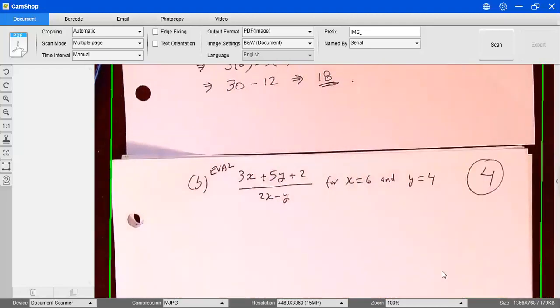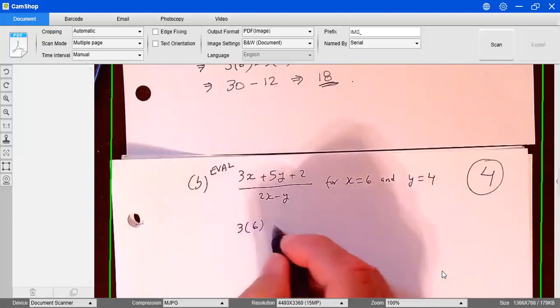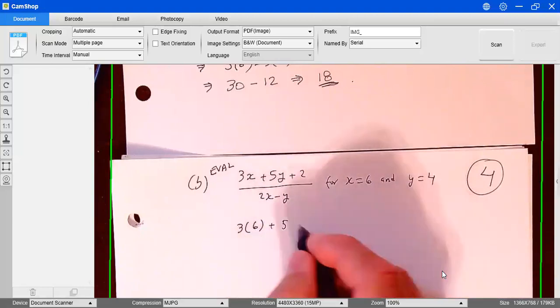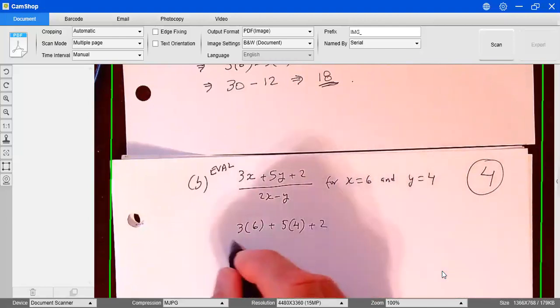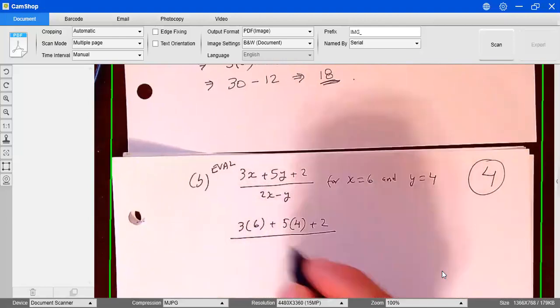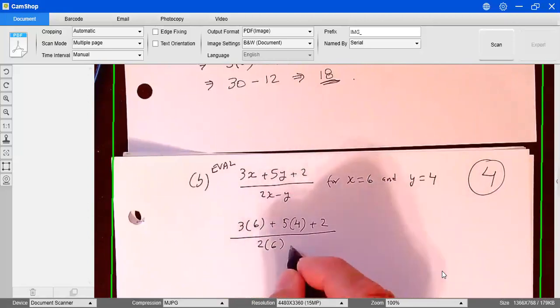So what we're gonna do is we're gonna replace every x. So 3 times 6 plus 5 times y is 4 plus 2, and this is the numerator of a fraction. Then the denominator is 2 times 6 minus 4.